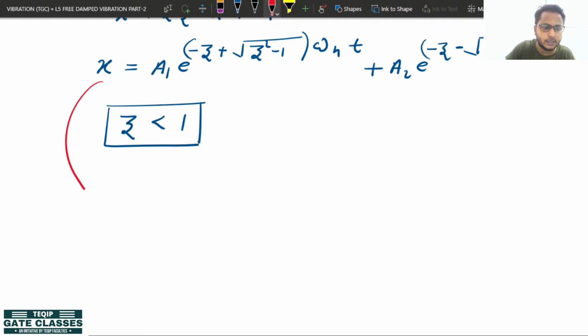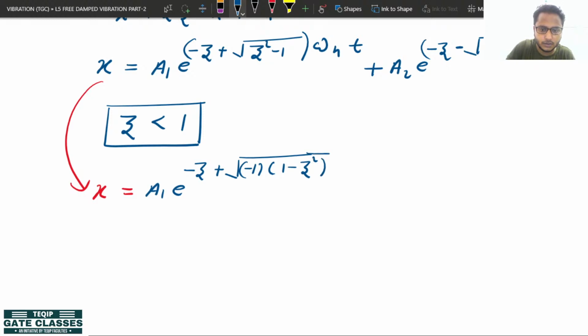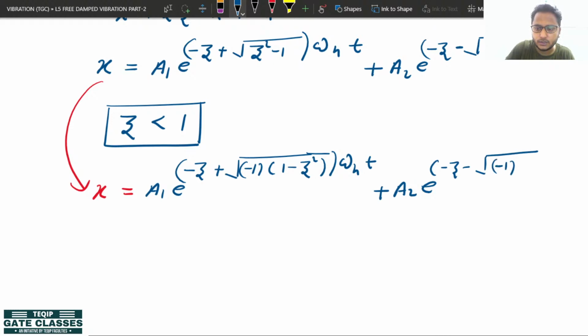So can I write this equation in this way? X equals a1 exponential to the power minus zeta plus root of minus 1 multiplied by root of zeta square minus 1, bracket close, omega n into t, plus a2 exponential to the power minus zeta minus root of minus 1 multiplied by root of zeta square minus 1, omega n into t, right?